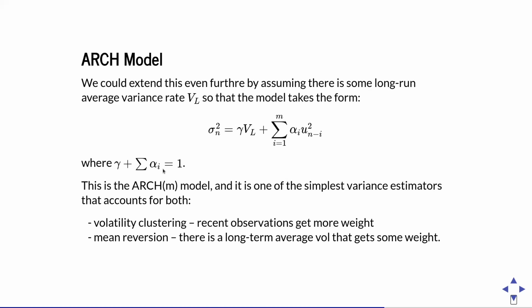This is what's called the ARCH(m) model, where the m comes from the number of historical returns you're taking. It's one of the simplest variance estimators that accounts for both volatility clustering and also mean reversion. There is some long-term average that gets more weight, and more recent observations get more weight as well.